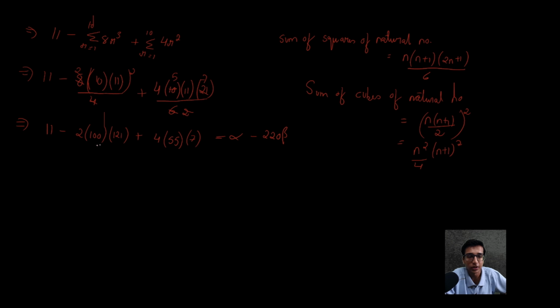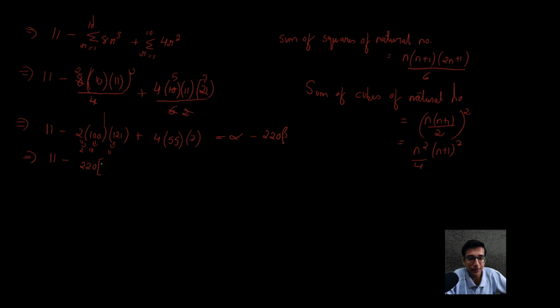Let us assume for the time being, and try to convert this in the form of 220. So can we do that? Yes. 11 minus, we are taking 10 from here, 11 from here, and 2 from here. If we multiply these three terms, we would get 220.